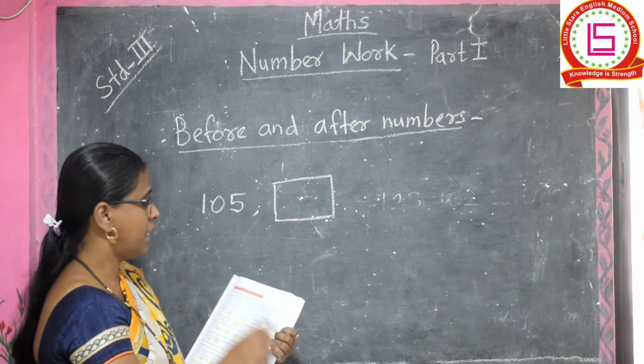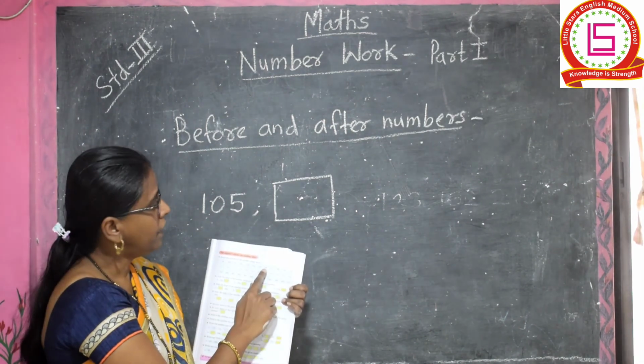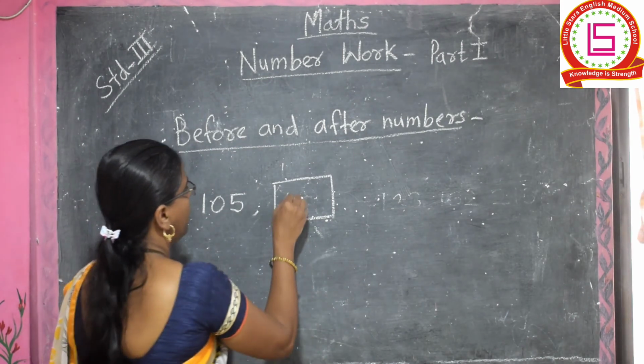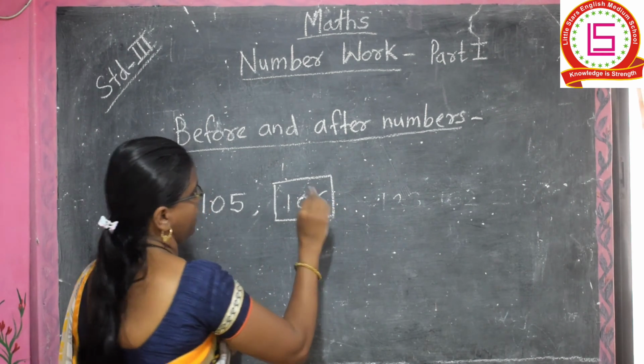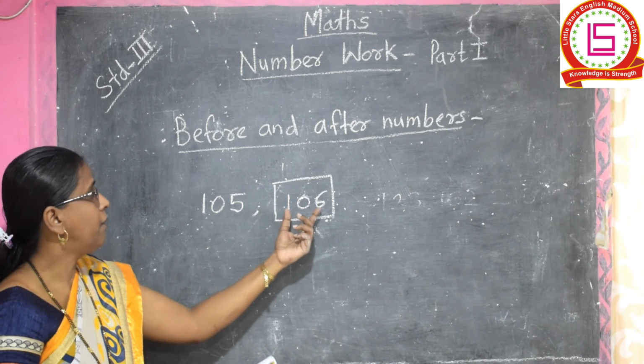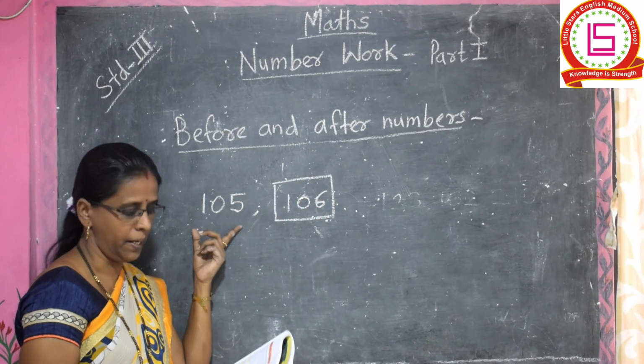See, in the first strip 105 is here. Okay, and then the next number is 106. Then we write here 106. Okay, 106 is the after number of 105.